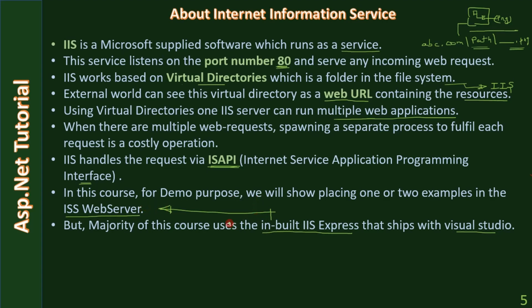Publishing each time on the IIS server for each and every application is time consuming. That's why we will show one or two demos on the IIS Web Server. After that, we will depend on the built-in IIS Express. But at any time, you can move the code from your local system to IIS Web Server by defining the virtual directory.